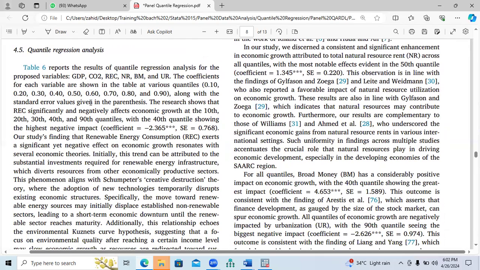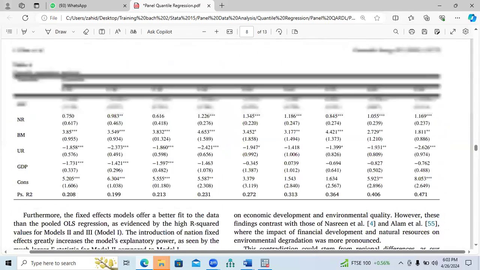Along with the standard error values given in the parentheses, the research shows that REC significantly and negatively affects economic growth at the 10, 20, 30, 40, and 90 quantiles, with the 40 quantile showing the highest negative impact. And if you see here, it is indicating the same.